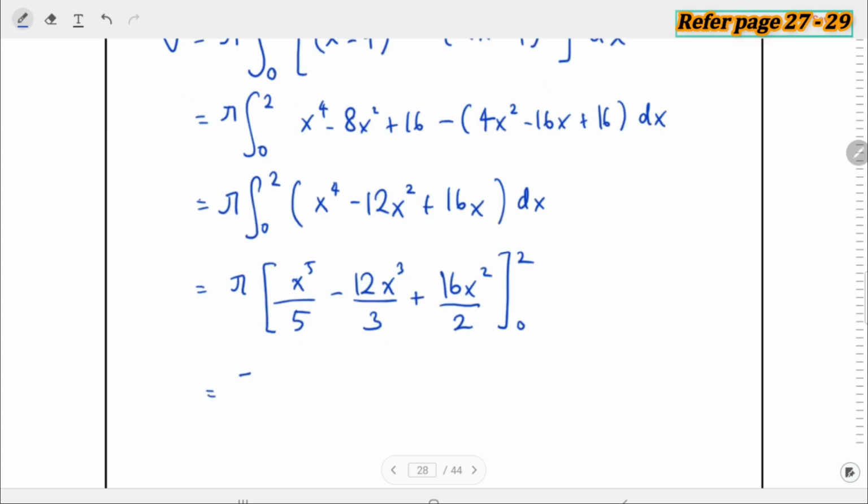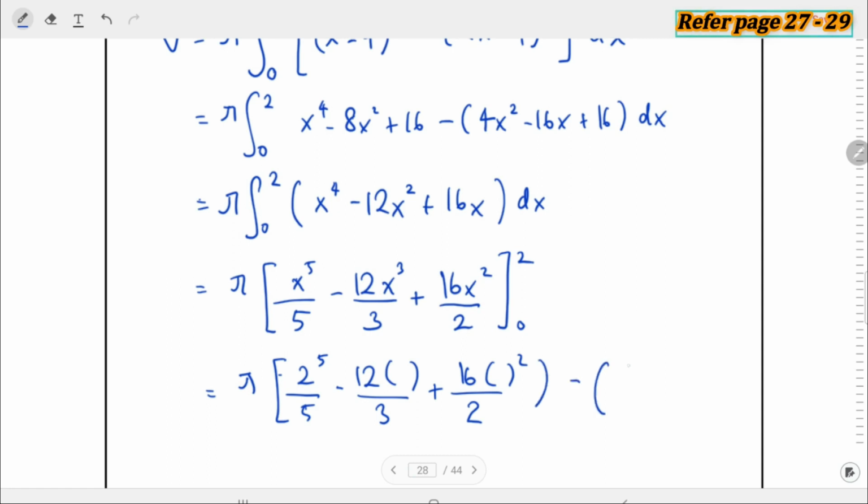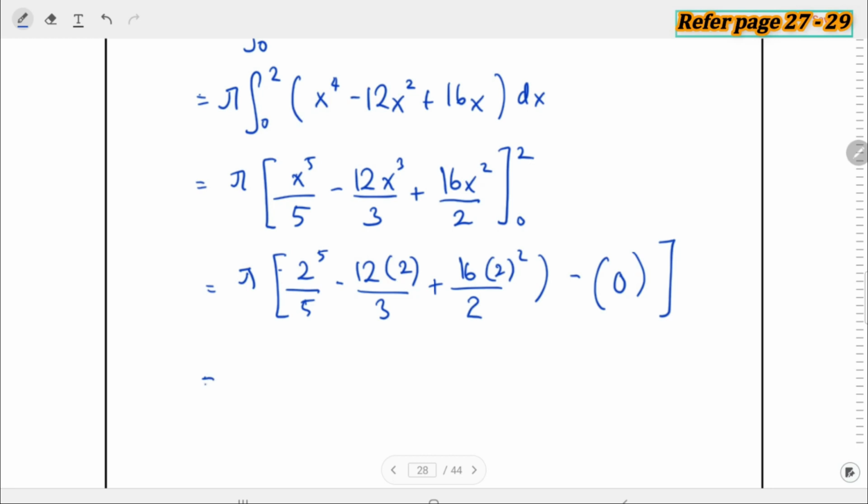And then you put in the upper limit and subtract the lower limit. I should simplify this first, and then minus 0, so everything will be 0. So here is 2, and then your answer is 32 pi over 5 unit cube.